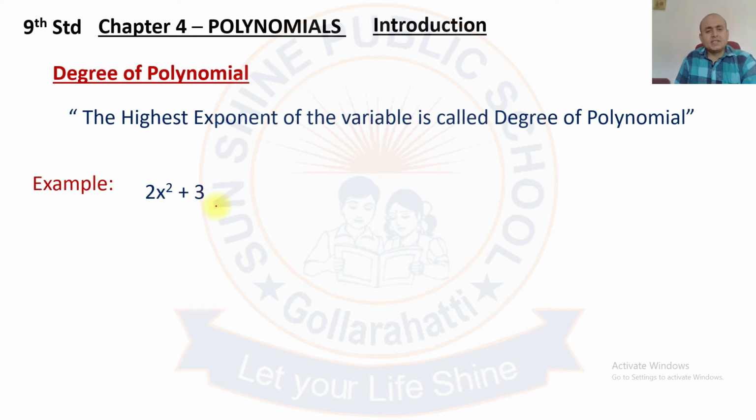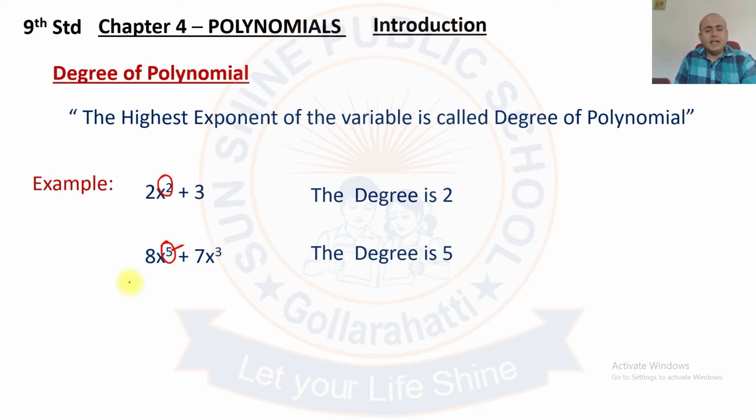Here the highest exponent is 2 and therefore we will call it degree 2. 8x to the power 5 plus 7x to the power 3. Here the exponents are 5 and 3 and the highest exponent is 5. Therefore, we will call it degree 5. The degree of polynomial in this equation is 5.